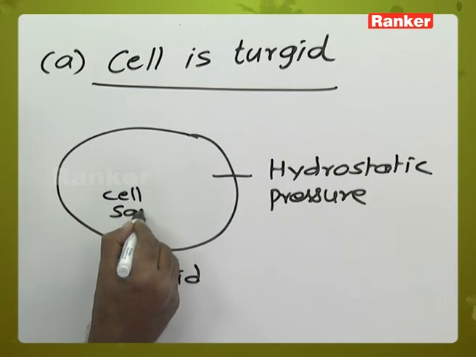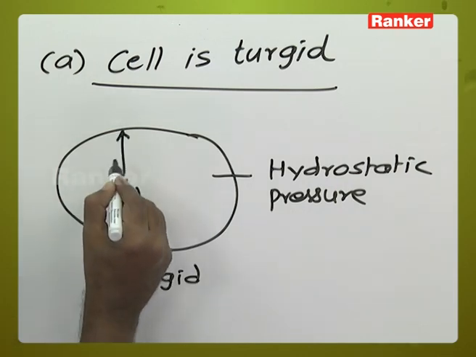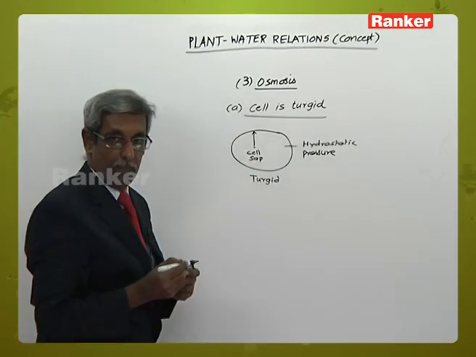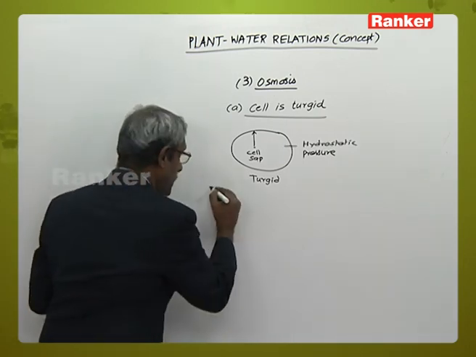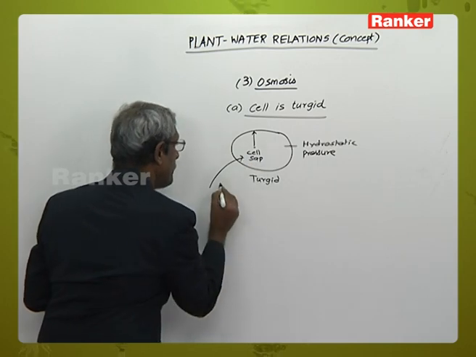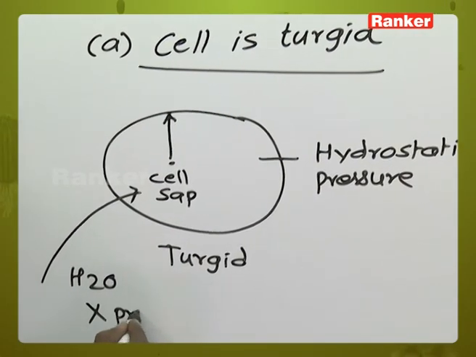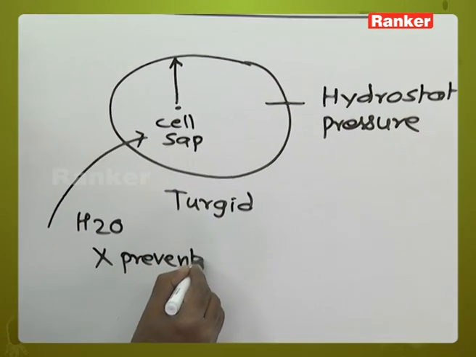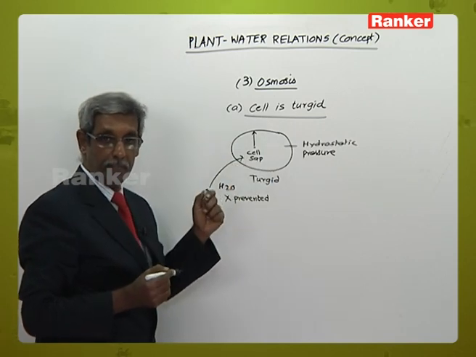So the cell sap exerts a pressure and the pressure is termed as a hydrostatic pressure. So when there is a hydrostatic pressure, further entry of water from the outside is prevented, because the cell is already turgid.